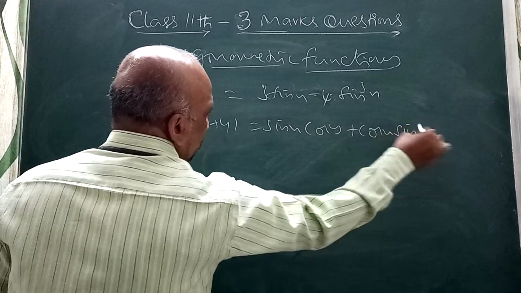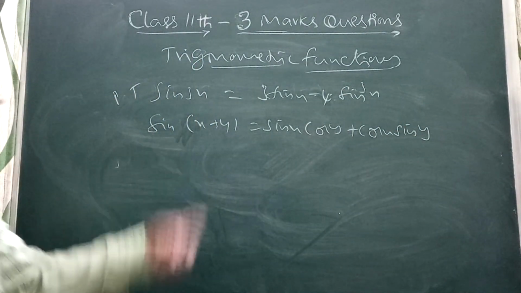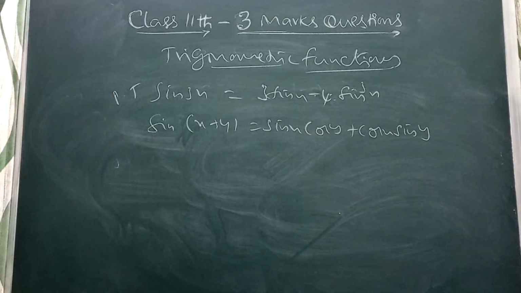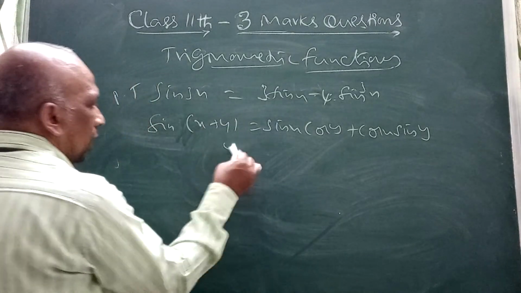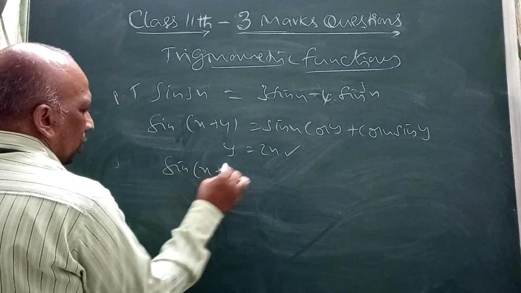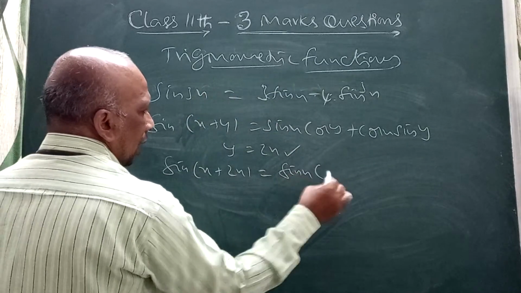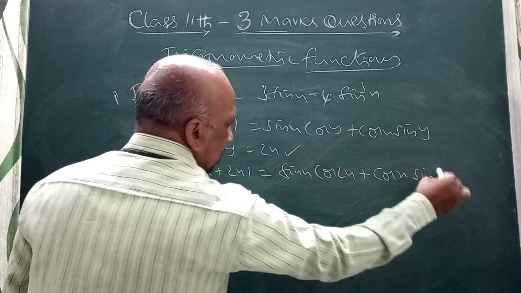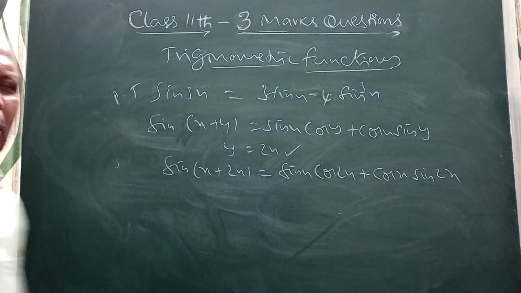Because I want sin 3x, replace y with 2x. This will become sin of x plus 2x, which is sin x into cos 2x plus cos x into sin 2x. Just write this. This is important.